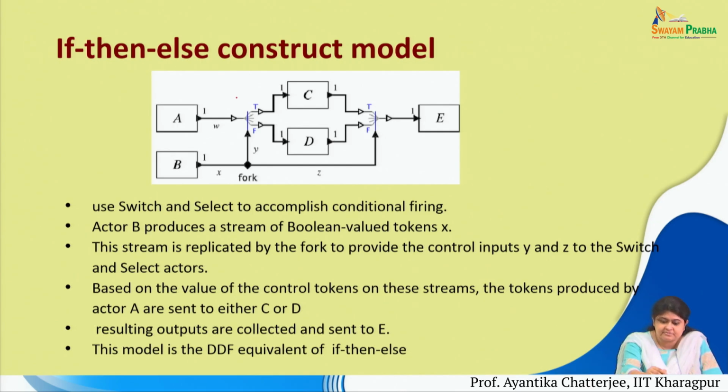So, you can see that the same switch and select are attached here. A is providing the input and B is some input stream. If we think in a general scenario, we can consider A is providing the data and B is providing some control input, and these inputs are getting forked and activating these points of select and switch.